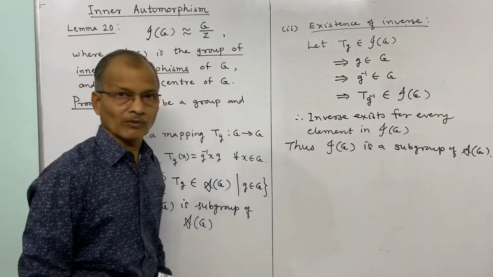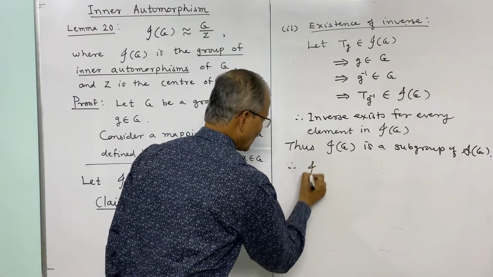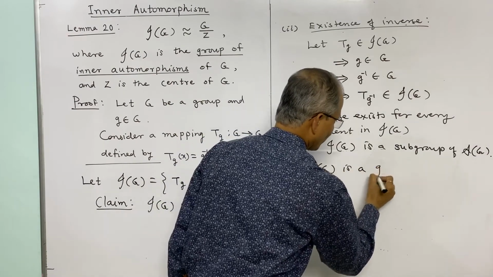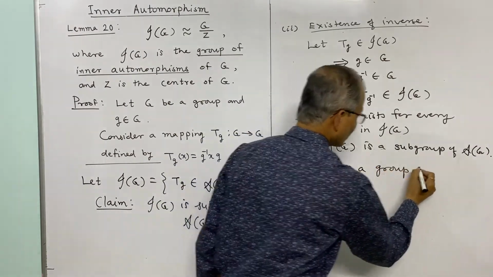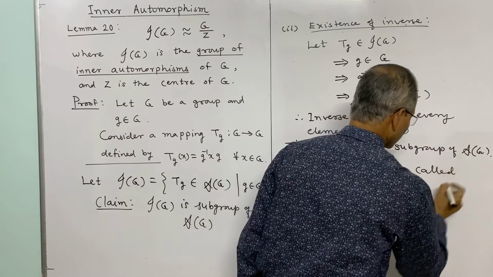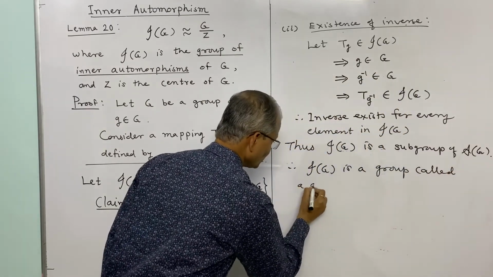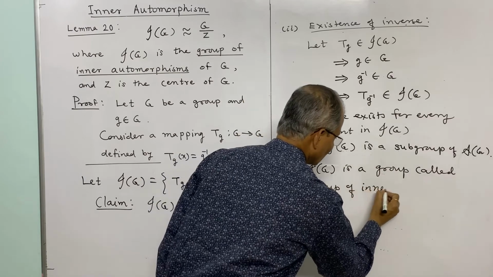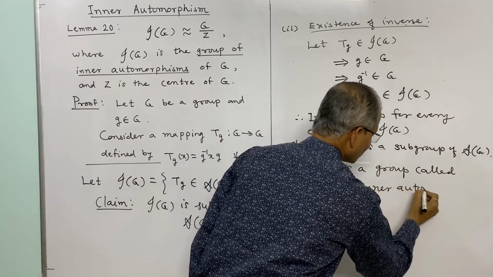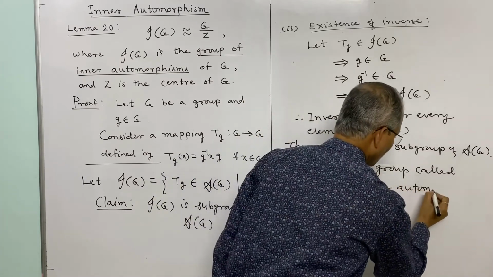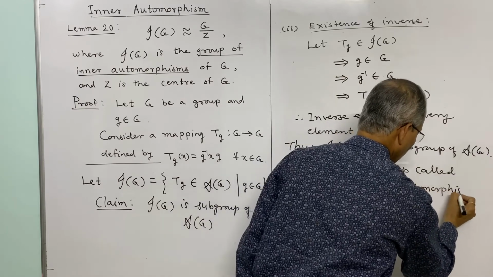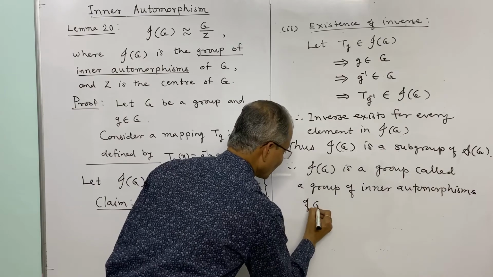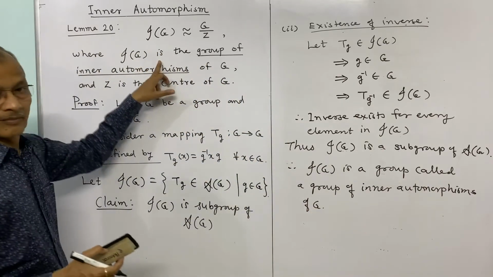Ig is a group called the group of inner automorphisms of G. So this is what we have stated in the lemma itself.